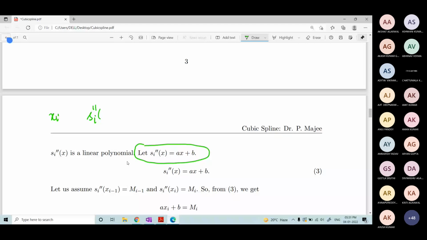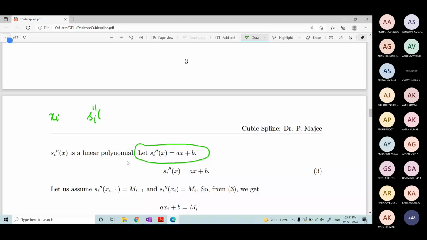If you want to check the continuity of first derivative, first you find out the first derivative in the (i minus 1)th subinterval and ith subinterval. So you first differentiate S_i(x) once, then you get S_i dash x, which is defined in the interval x_{i-1} to x_i.